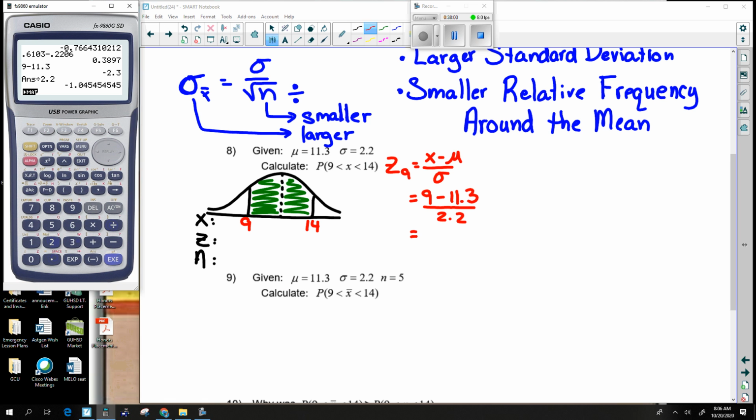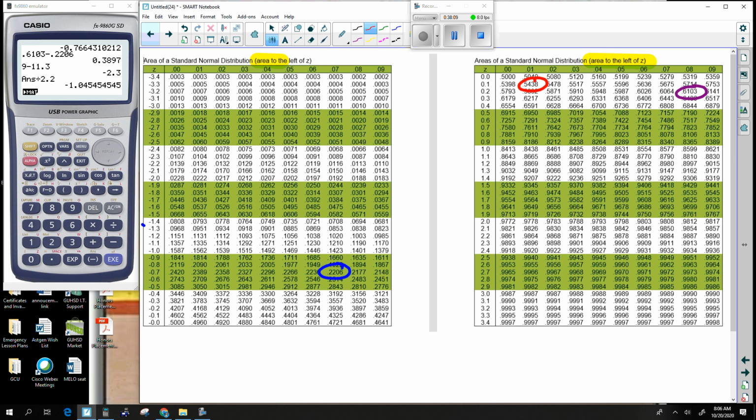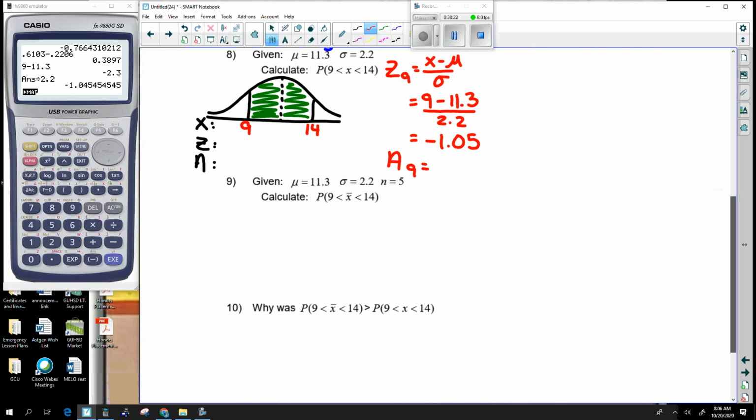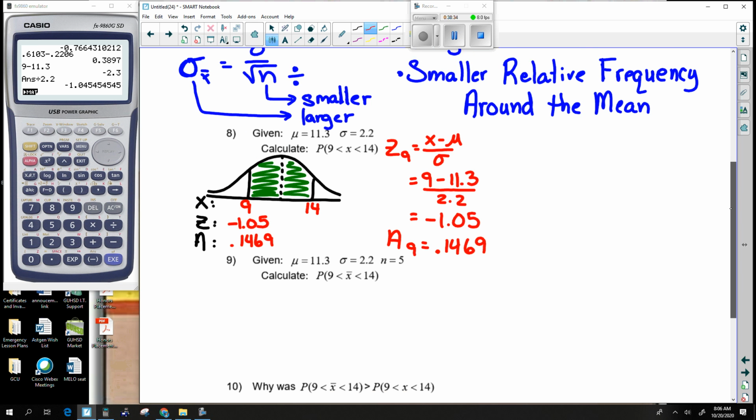Again, round to 2 decimal places, so negative 1.05, and then the area associated with negative 1.05 is 1469. Okay, so let's go ahead and repeat this process with the 14.